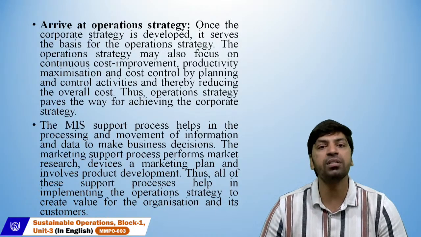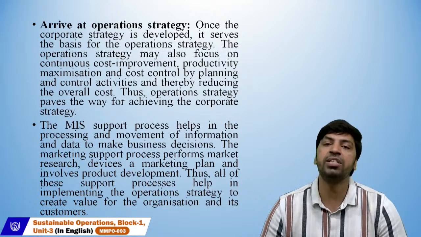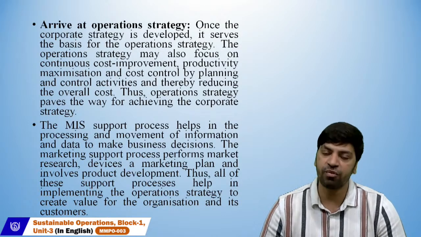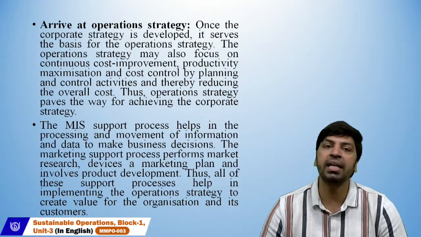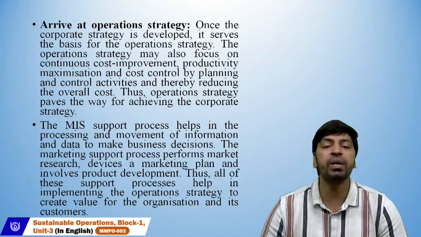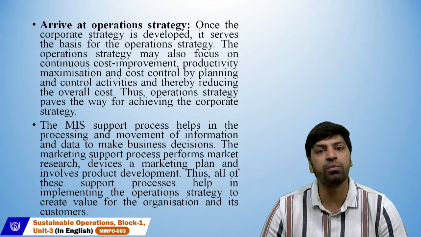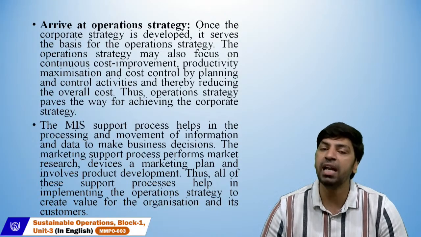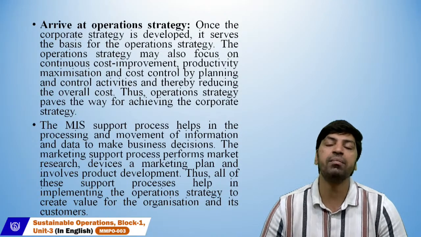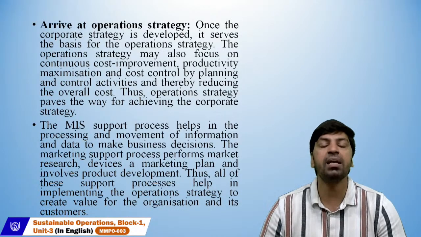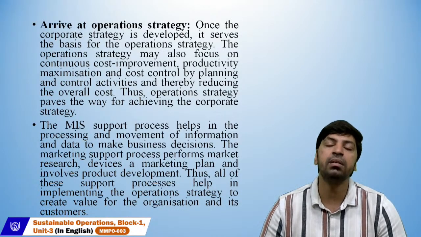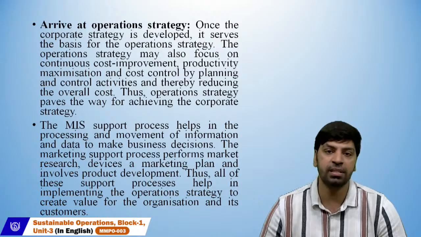So the operations strategy paves the way for achieving the corporate strategy, and in this way the MIS, the management information system support process, always helps to process and move the information or share the information and data to make proper business decisions.